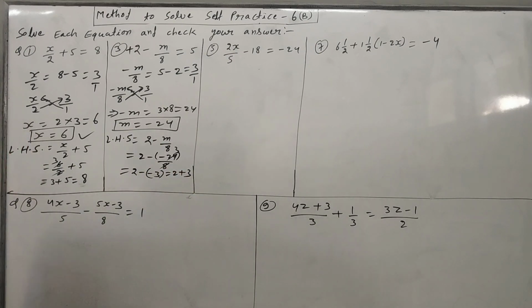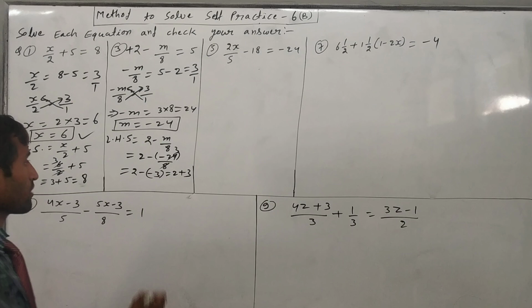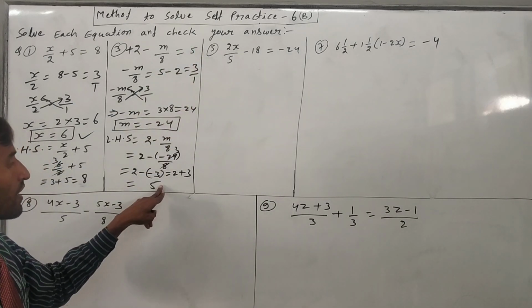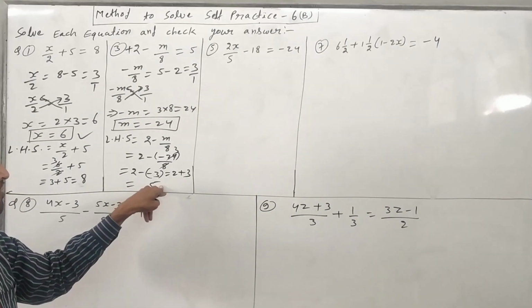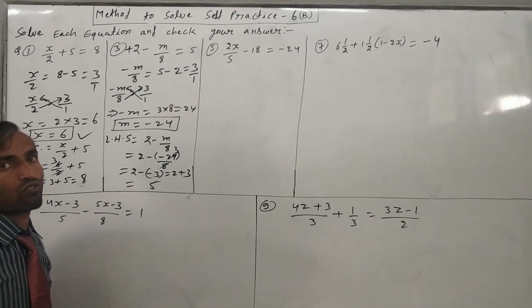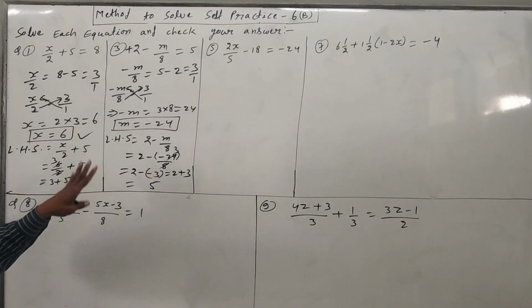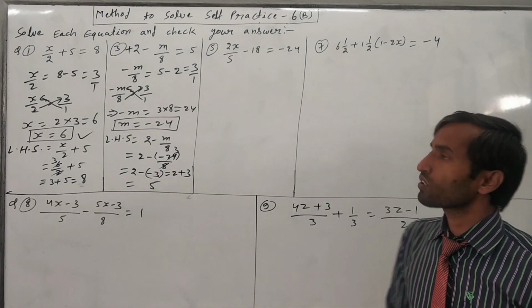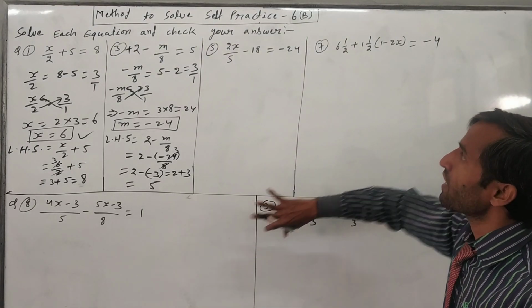We remove this small bracket. Then 2 plus 3 is 5. Just see, in RHS also 5 is there, and our answer also came 5. It means our answer minus 24 is correct. Like that, we have to check whether our variable value is correct or not. This is the checking part; the rest is the same.